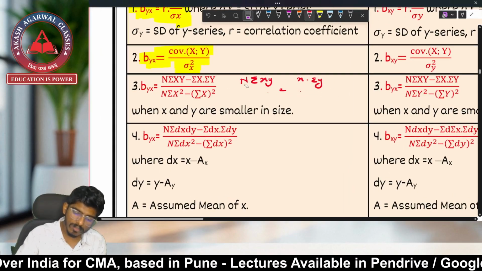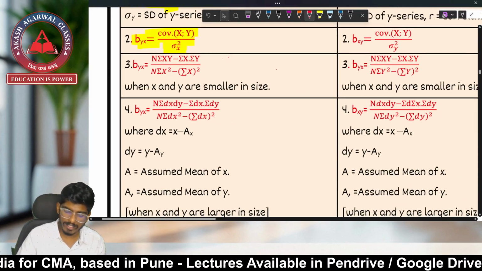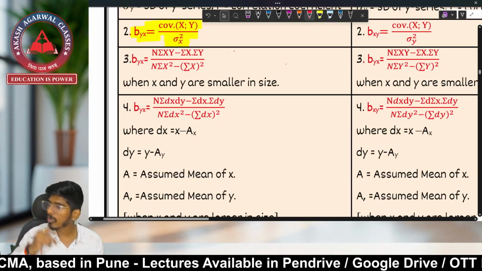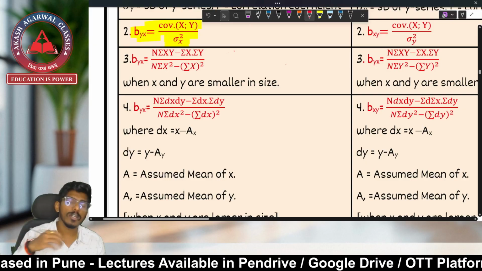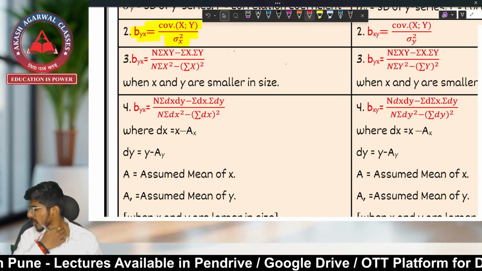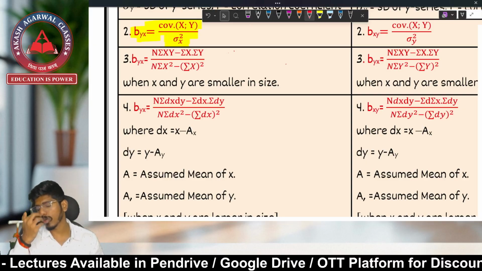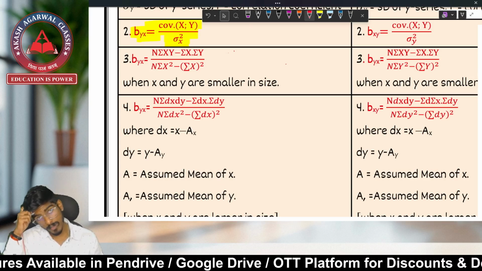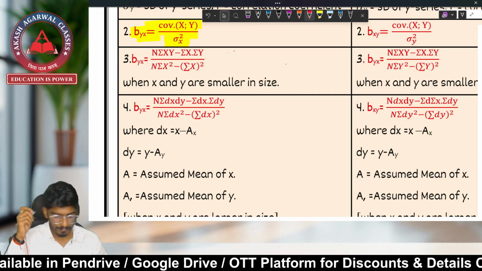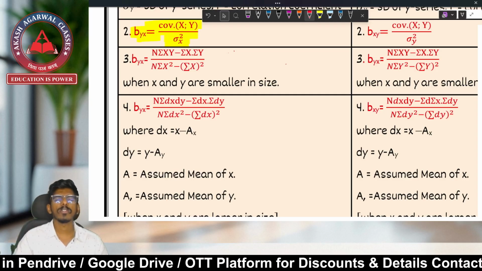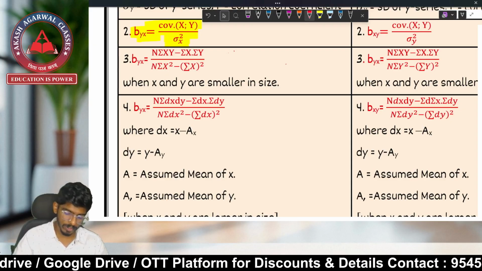Apart from that, there are two more formulas over here. You can take a screenshot, dx and dy. So what is dx and what not? We have already seen it in the dispersion part. I'm so sorry, in the dispersion part.